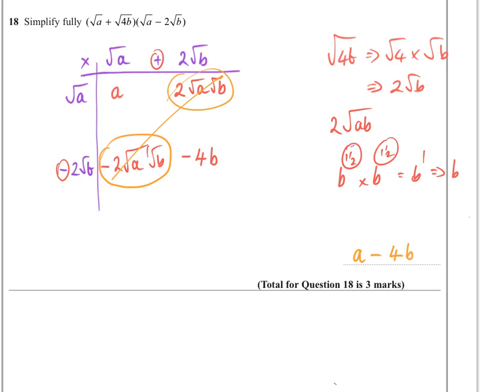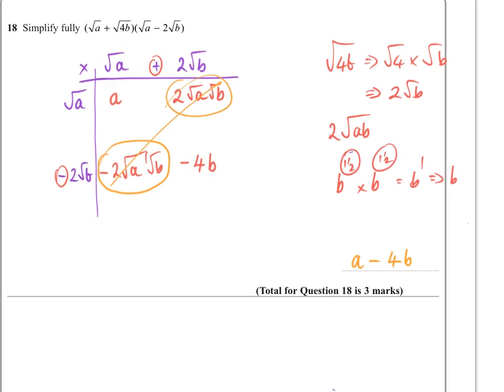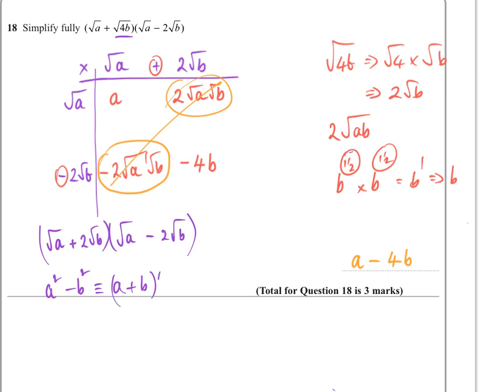Now one other idea here is, if your algebra is really good and you've spotted this, which is root A plus root 4b, don't forget we said is 2 root b, times exactly the same but a minus in the middle, then that's like a difference of two squares, because don't forget a squared minus b squared is a plus b times a minus b.